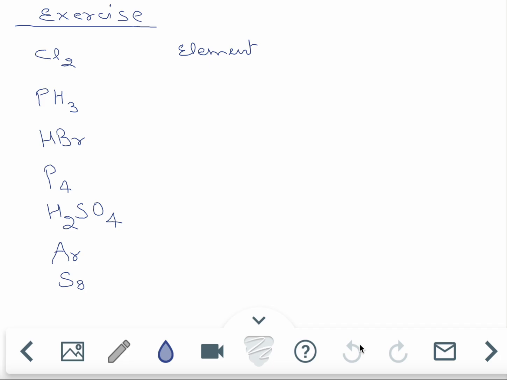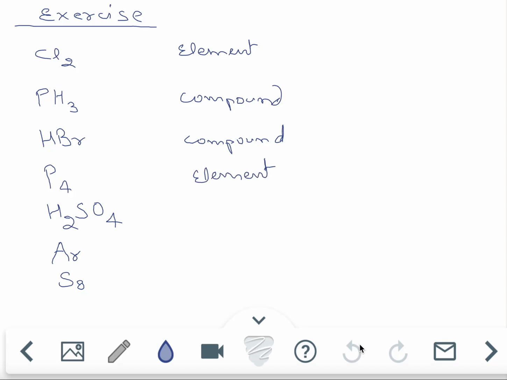This has got atoms of two different types, so therefore it would be a compound. HBr has got two different types of atoms, so therefore this also will be a compound. Phosphorus P4, all same types of atoms, phosphorus atoms, so therefore this is an element.